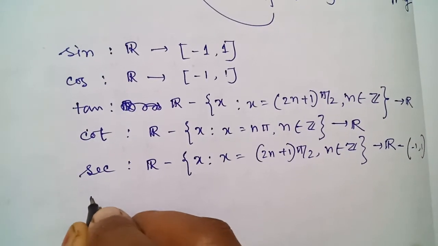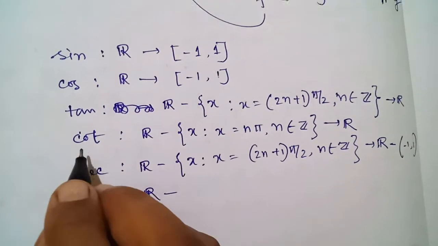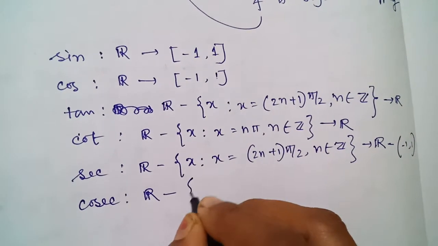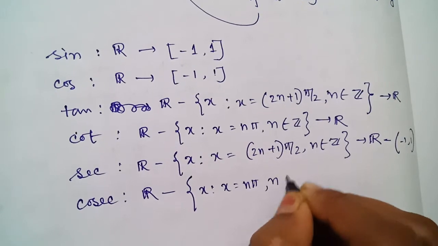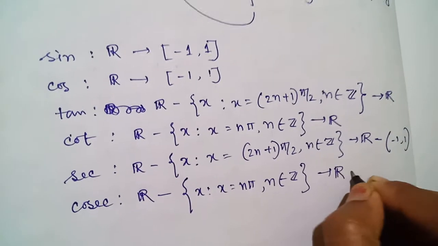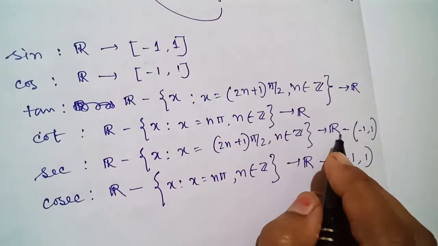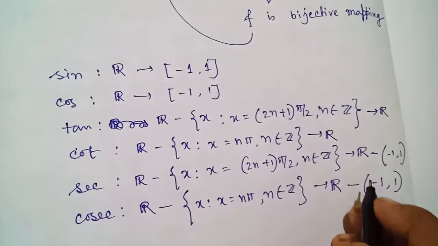Then cosec: the domain of cot and cosec will be the same, and its range will be R minus (-1, 1). The range of sec and cosec will be the same.